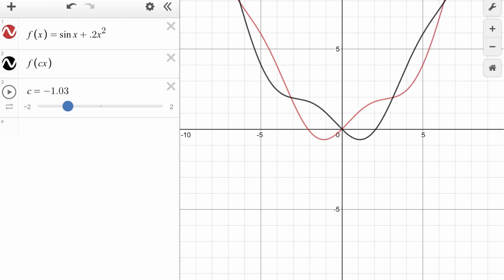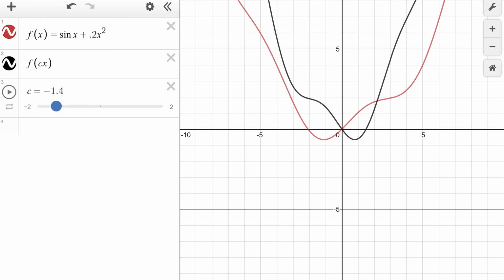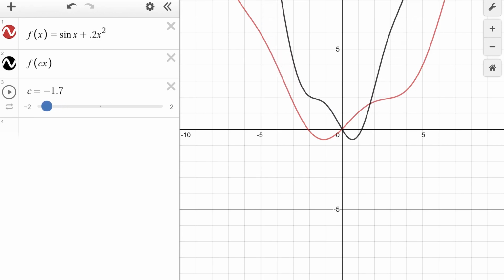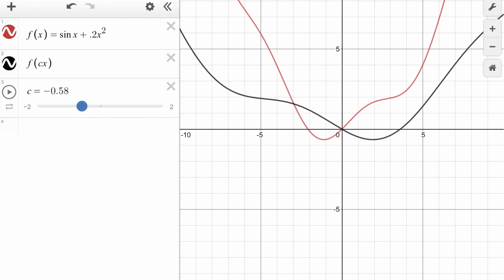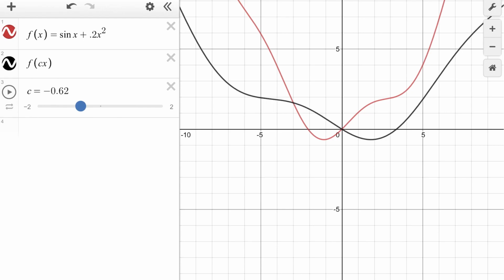When C is -1 specifically, then it's just a reflection only across the y-axis. But once C is negative and less than -1, then we have horizontal compression combined with a reflection. When C is between -1 and 0, we have a horizontal stretching combined with a reflection across the y-axis.